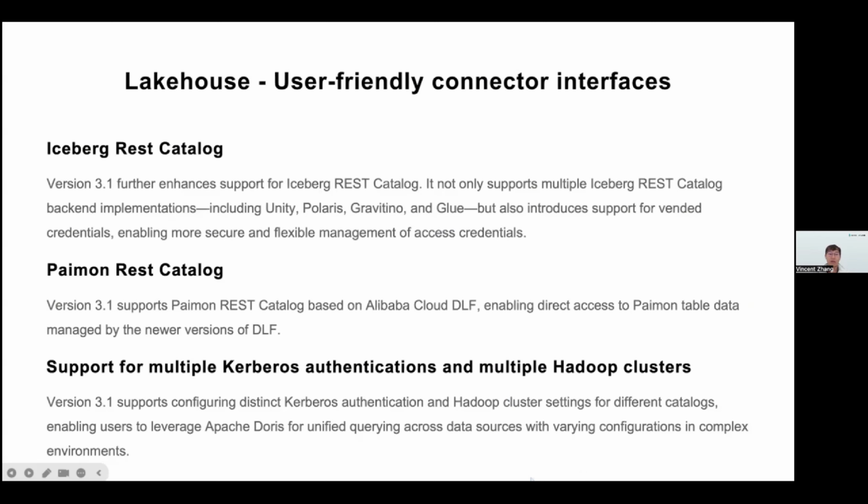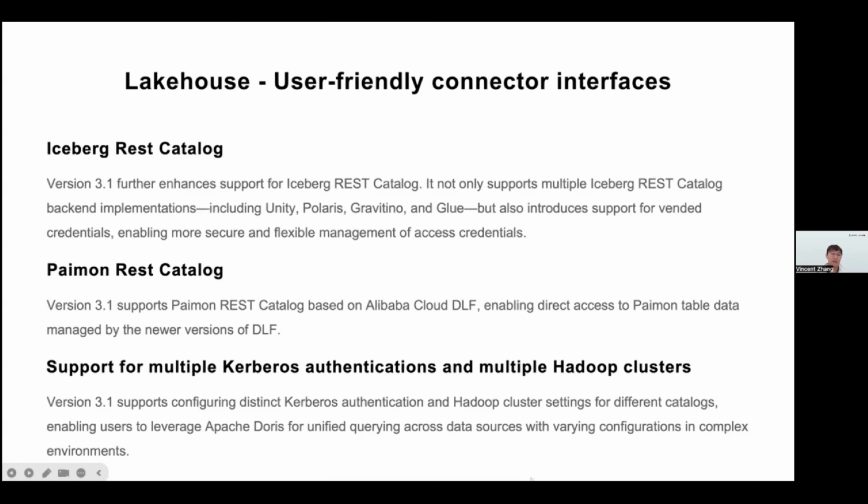Version 3.1 further enhanced the support for the Iceberg REST catalog by supporting multiple backend implementations, including Unity, Polaris, Gravitino, and Glue, and introduced support for vended credentials, enabling more secure and flexible management of SaaS credentials.